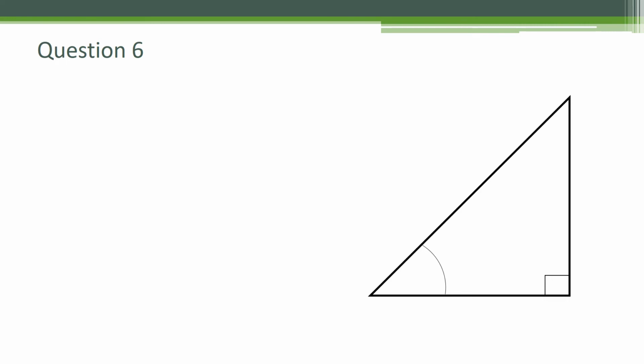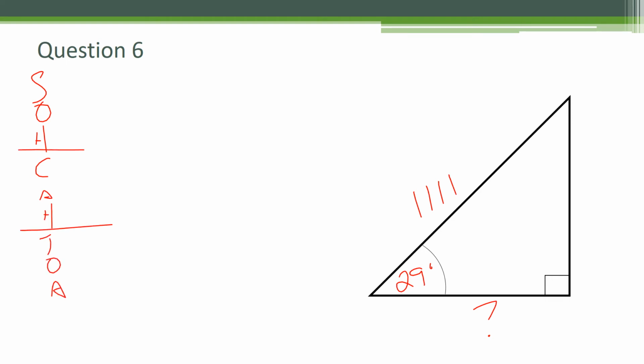Let's say we're trying to find this one. Let's say that this is, sure, why not, 1111, and this is 29 degrees. Again, my calculator's in degrees. I write down sohcahtoa. Which sides am I working with?